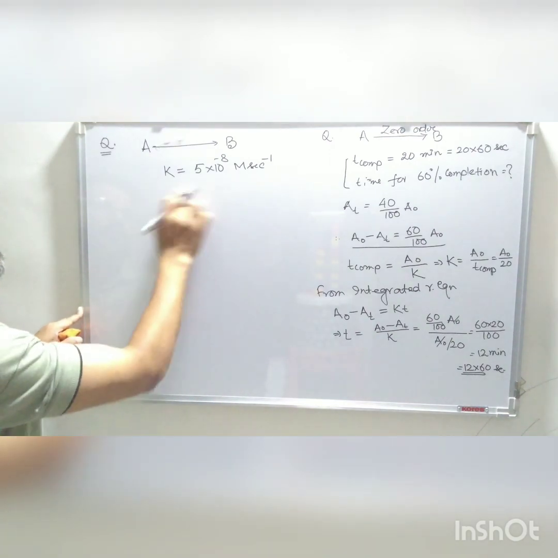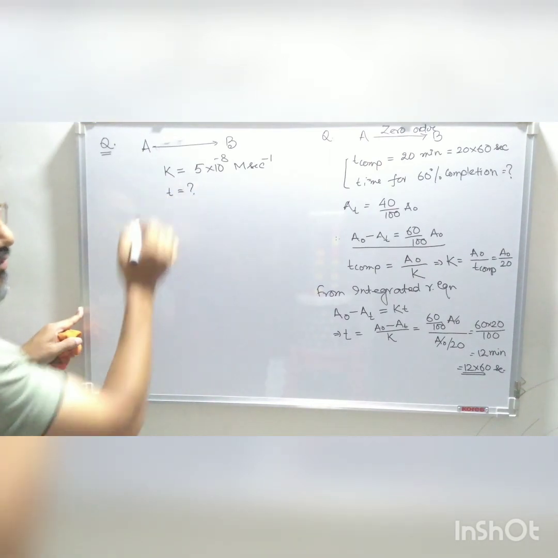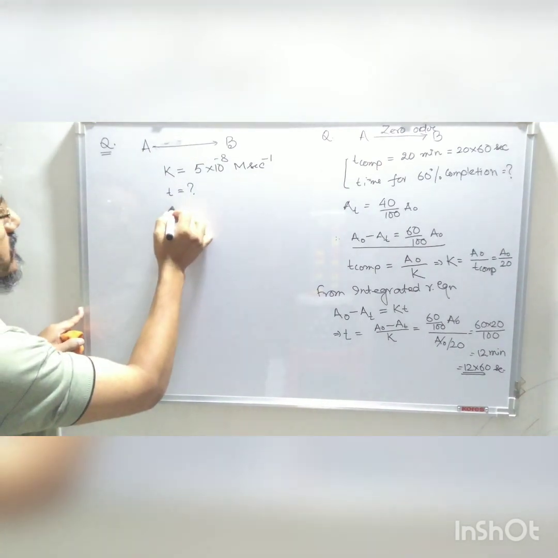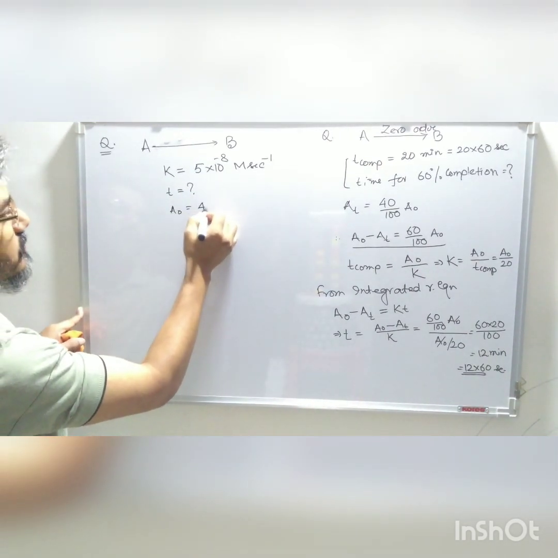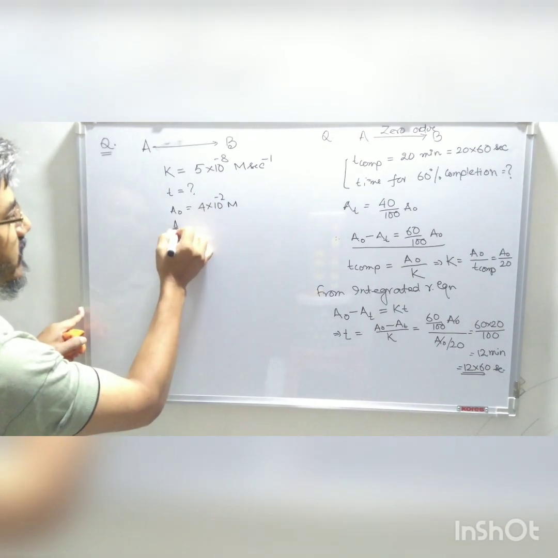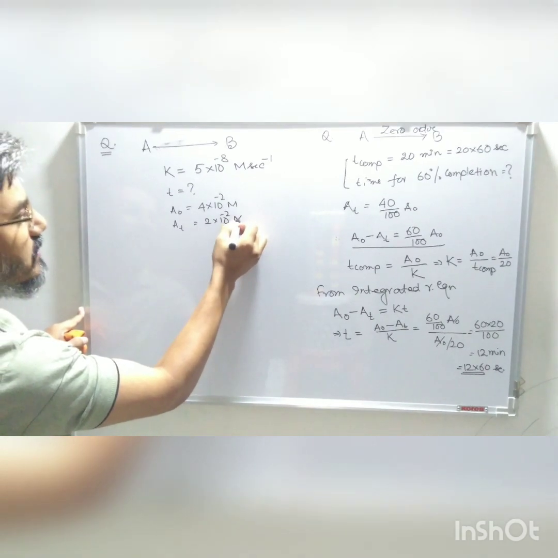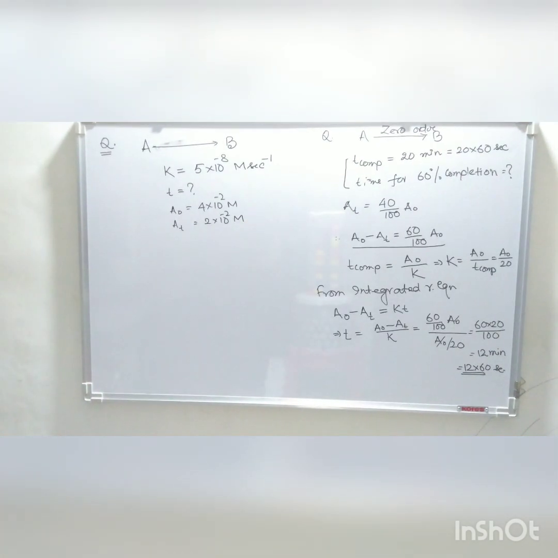Then what is the time required for changing the initial concentration, 4 into 10 to the power minus 2 molar, to the final concentration, 2 into 10 to the power minus 2 molar?